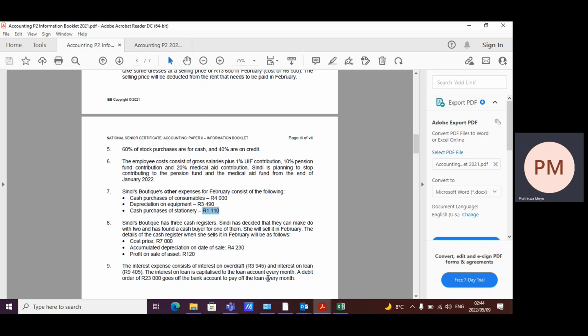Since this boutique has 3 cash registers, they decided that they can make do with 2 and have found a cash buyer. One of them, she will sell in February. The details of the cash register when she sells it in February will be as follows: the cost price, accumulated depreciation, and the profit that they made.